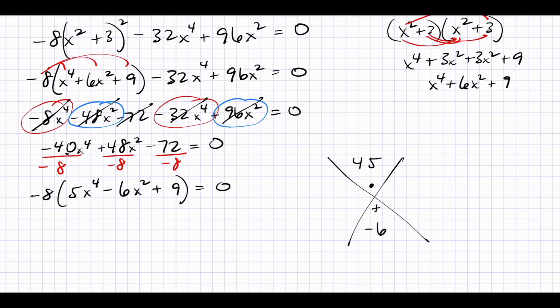Unless I made an error somewhere around here, I don't have the right numbers. Let's see. -48, -72. -40, +48. Negative 72, that's right.